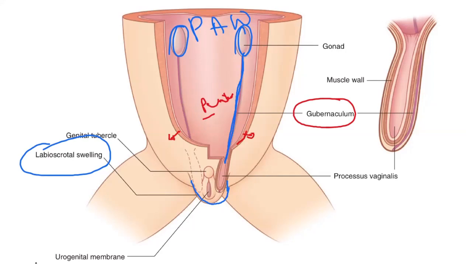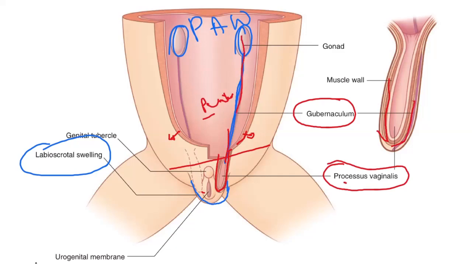So they also extend into the labioscrotal swelling along with the gubernaculum. This peritoneal cavity extension is called the processus vaginalis, along with muscles, and again that is sealed off and it is called the tunica vaginalis, right?